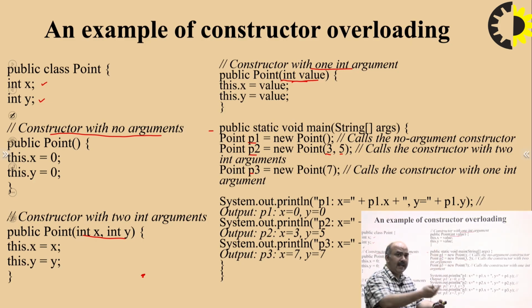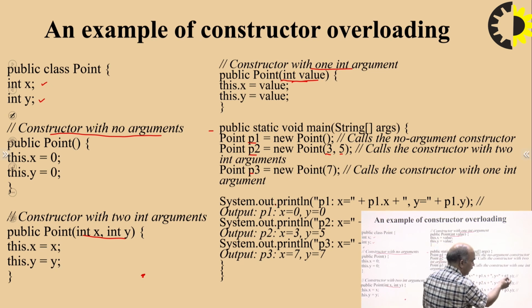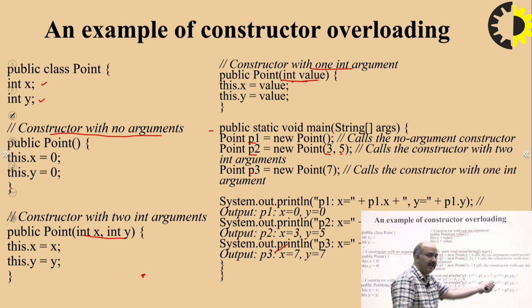So when they are compiled, the compiler will print those values. We say System.out.println("P1 x = " + P1.x + " y = " + P1.y), so x and y values are being printed.